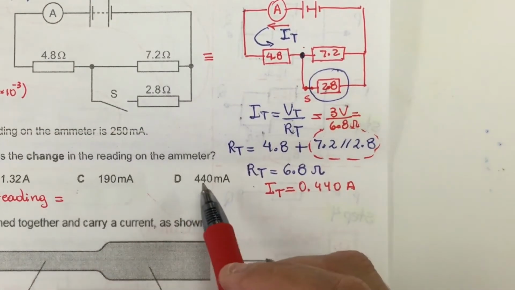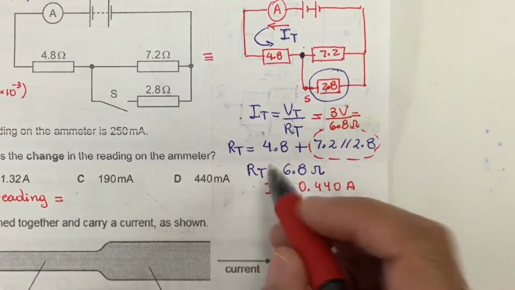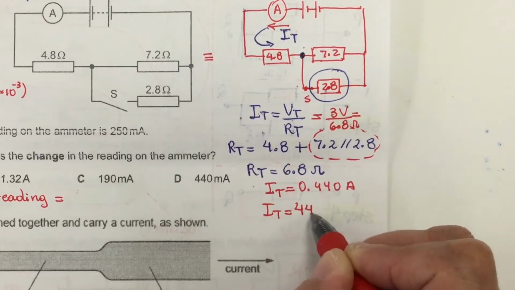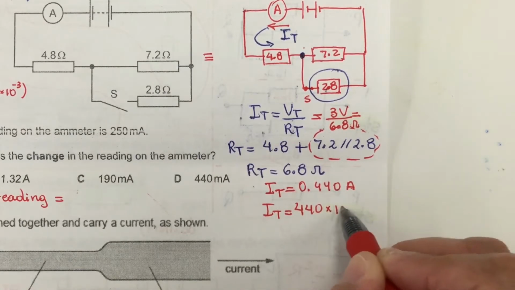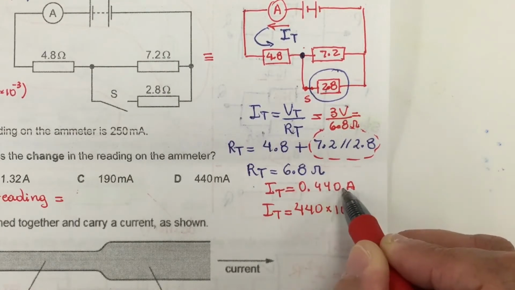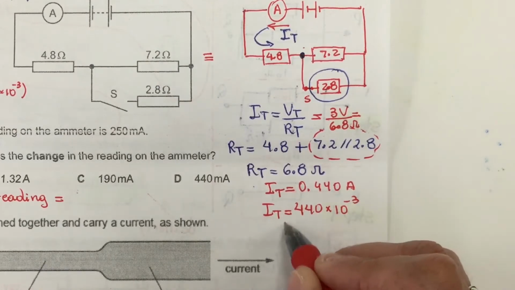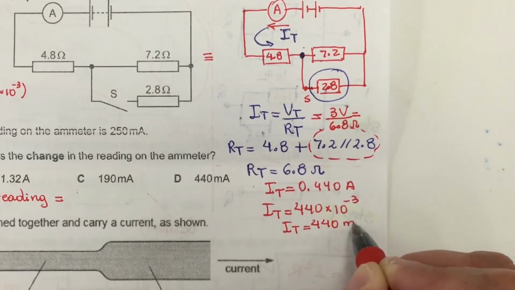Because all the options for the answers are in milliamps, it is a good idea to convert this to milliamps as well. So this will be 440 times 10 to the minus 3, moving the decimal places 1, 2, 3. This is 440 milliamps.